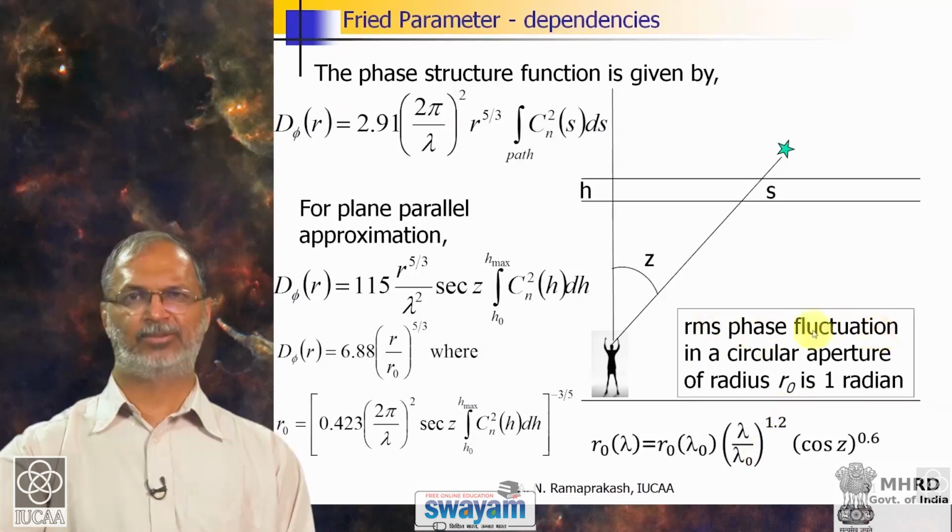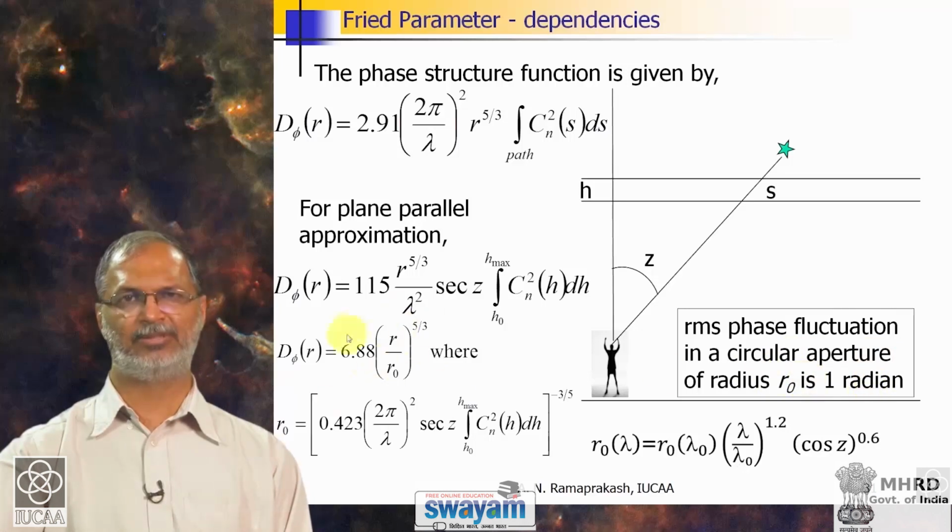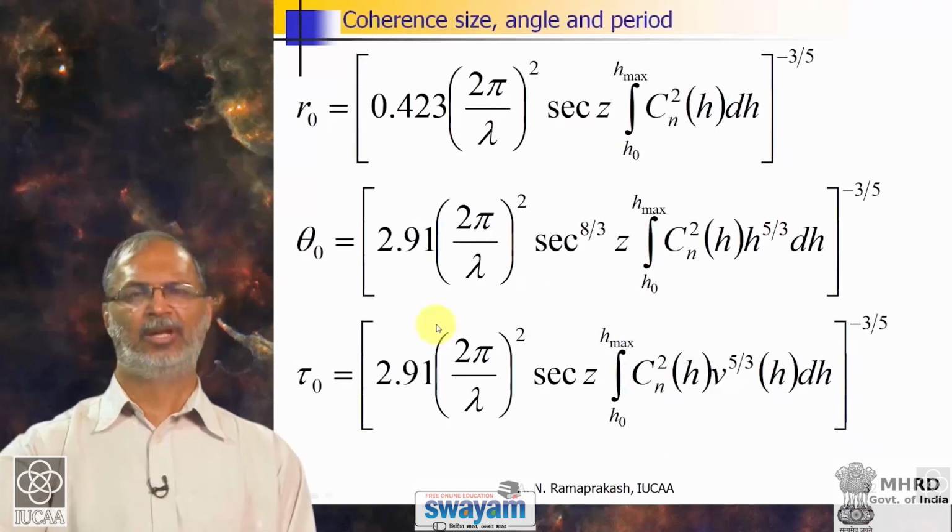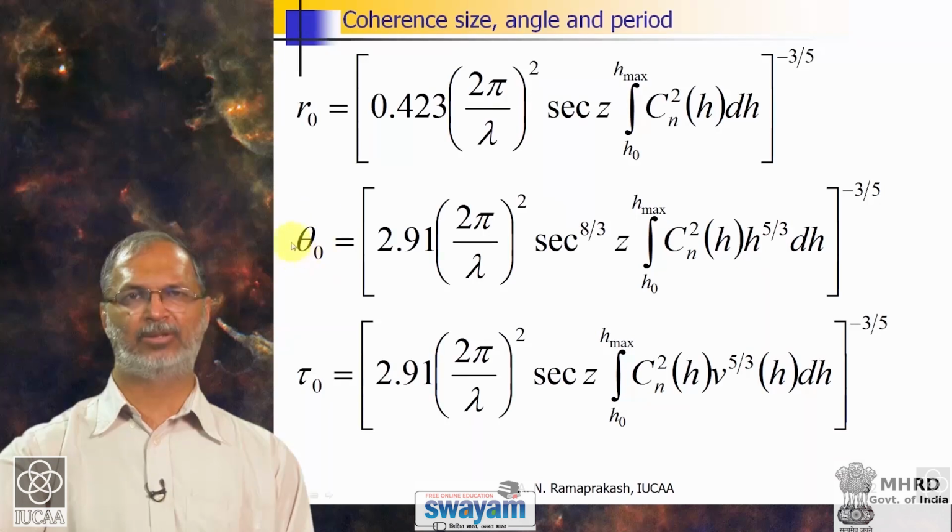The RMS phase fluctuation in a circular aperture of radius r0 is 1 radian. That is the definition by which you derive this expression. Now, similarly to r0, you can also define what is called theta 0, which is the angular separation in the sky within which the RMS fluctuation is 1 radian, and that is nothing but this r0 divided by the typical height h of the atmospheric layer where the turbulence is dominant.